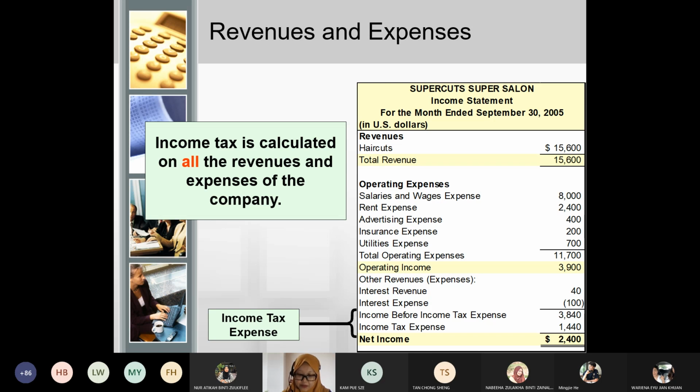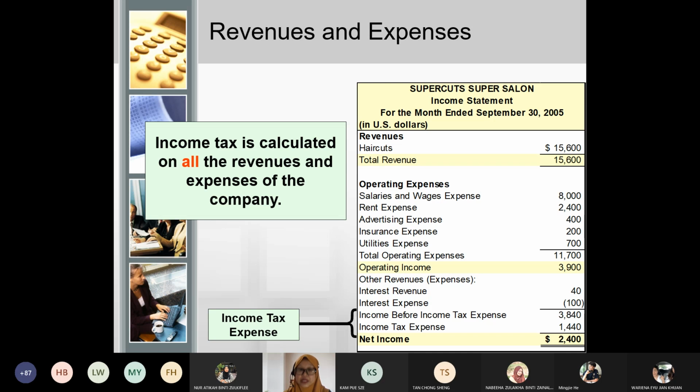The reason why we report it separately is because we have to separate the income tax from the core transactions and also other peripheral transactions, because we want to see how much the total income is before the income tax expenses.